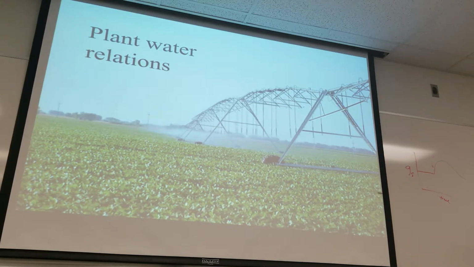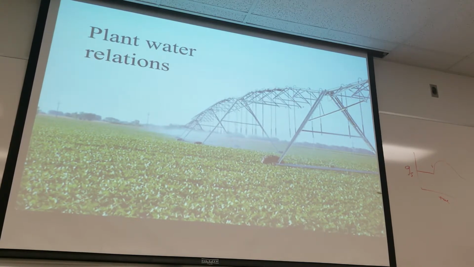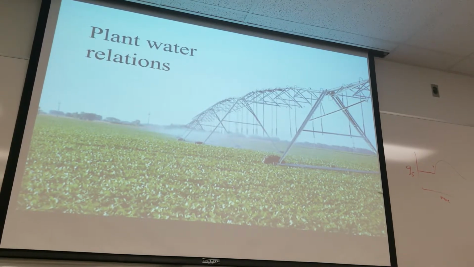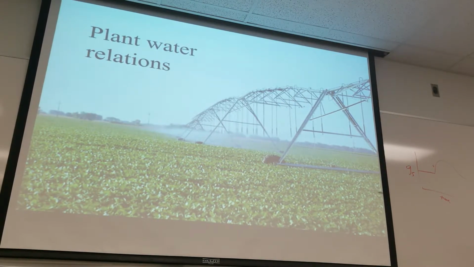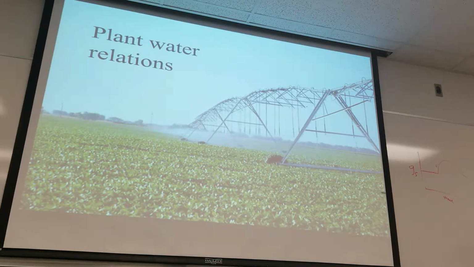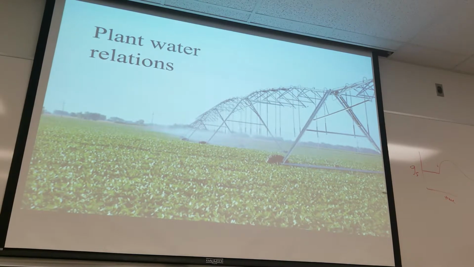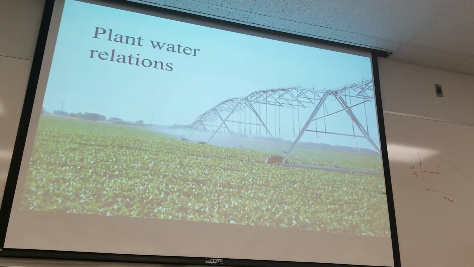What else to say about it? So most plants that have chlorophyll in their guard cells are affected by red light. All green plants have chlorophyll, right?